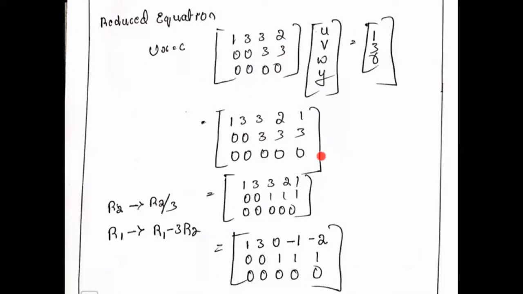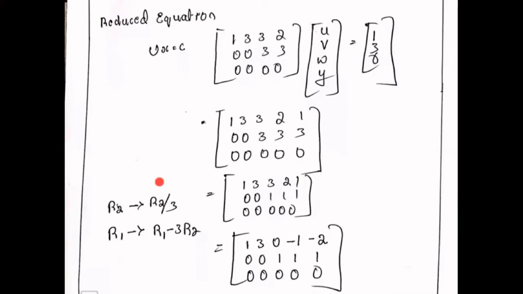Then in order to express it as a reduced echelon form matrix, some of the conditions are that the pivot should be 1. So this first pivot is 1, but the second pivot is not 1. So you have to make it 1. In order to make it 1, you substitute R2 = R2 divided by 3.